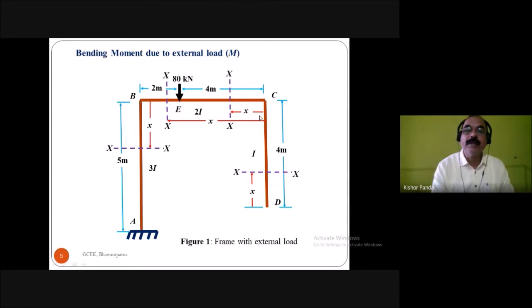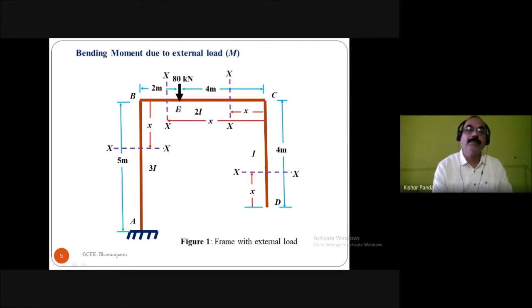First for the DC member, the integration limit is 0 to 4, because you are taking the section at a distance from the point D. At D, x is equal to 0, and at C, x is equal to 4 meter, and the moment is 0 here. For the EC member, take the origin as C, and the integration limit is from 0 to 4.